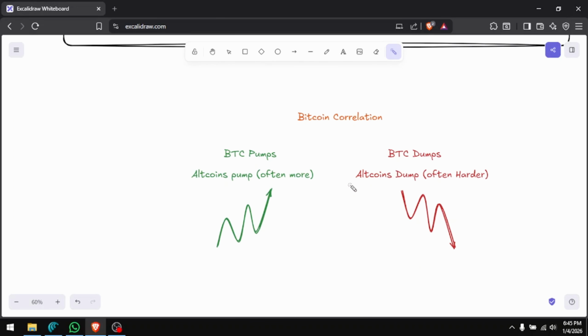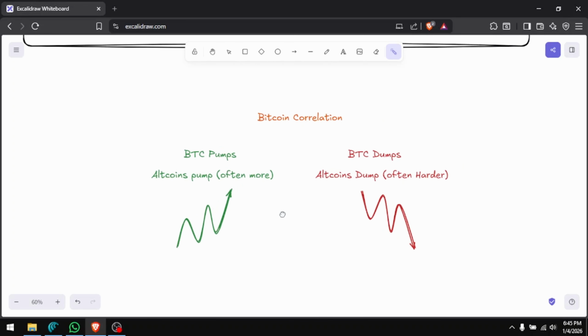Another example of using on-chain data is this. If you have been trading crypto for a long time, you might have noticed that when Bitcoin pumps, meaning the price goes up, the price of Ethereum might also go up.